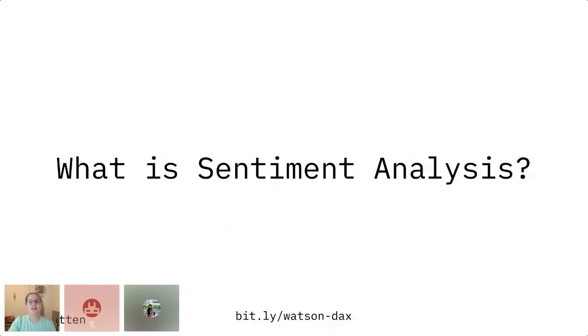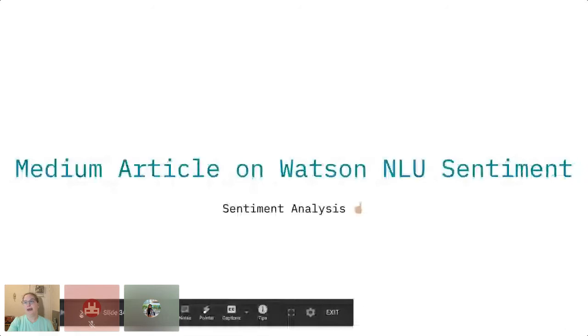We have targeted sentiment, which is looking for specific phrases throughout a document. And then we have keywords and entities, which are looking for specific keywords, like good or bad.